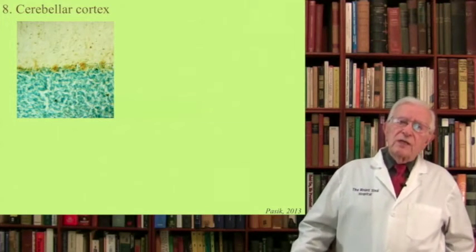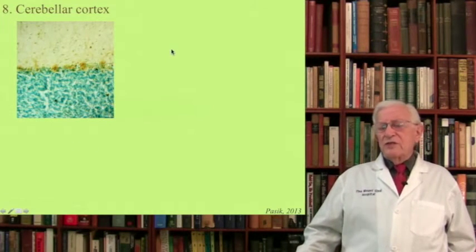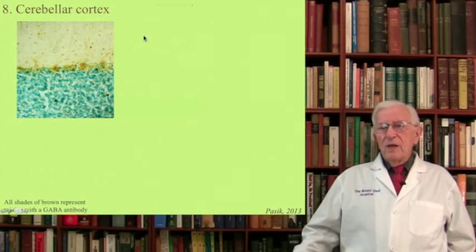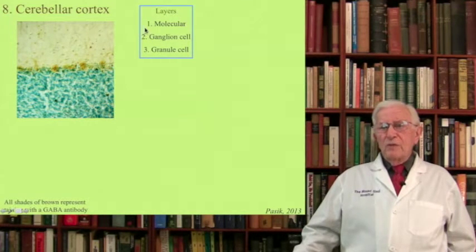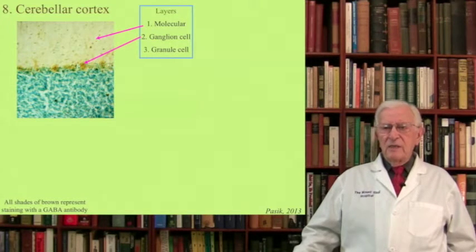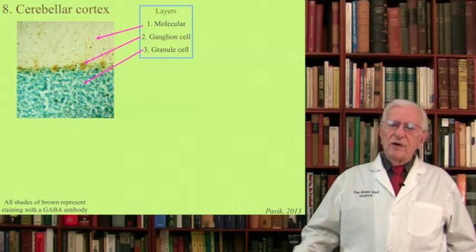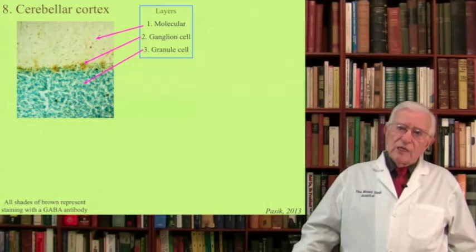You can see here that this cortex consists essentially of three layers. First of all, you have a molecular layer, then you have a single cell layer with the Purkinje cells that is called the ganglion cell layer, and finally a thick layer of granules that is called the granule cell layer.